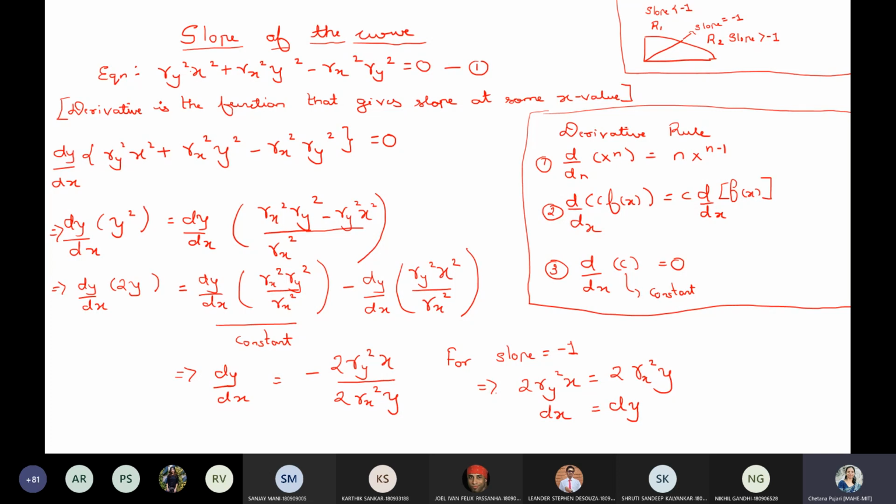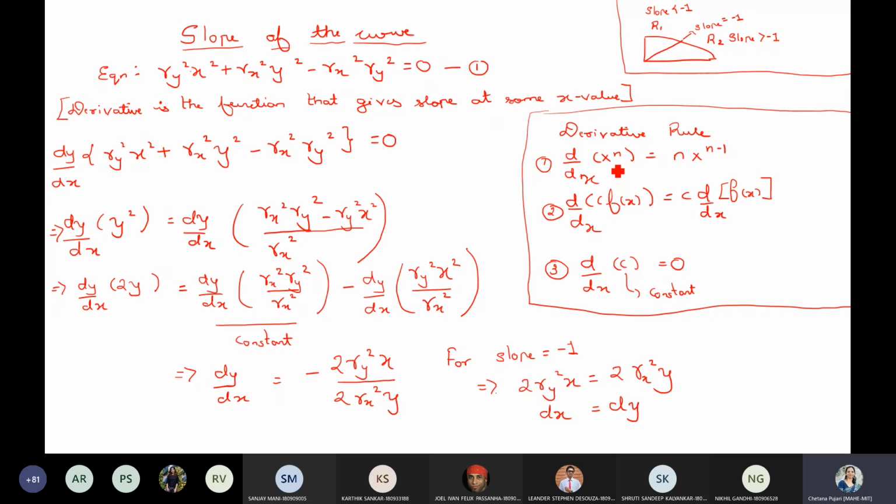For example, if it is x raised to 3, then it will be 3 into x raised to 3 minus 1.